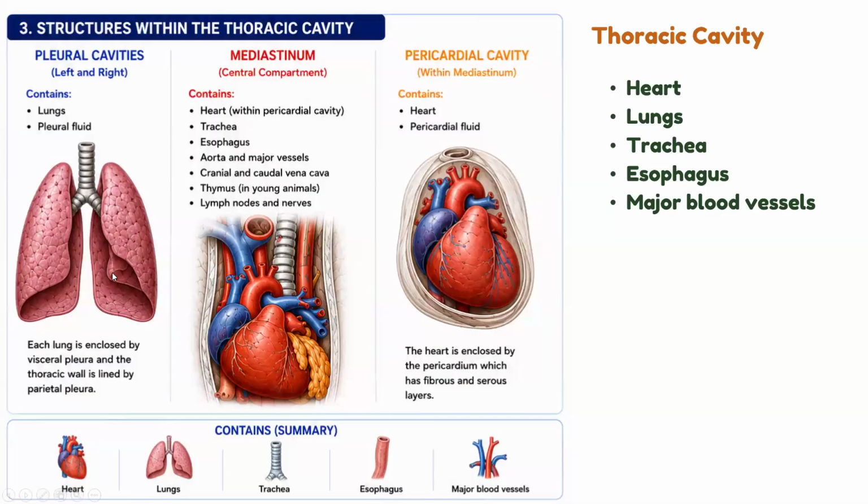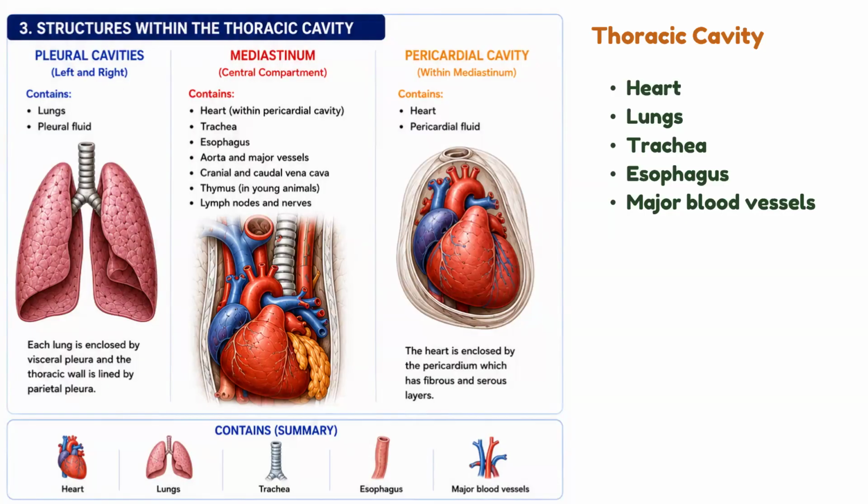Each is enclosed by a visceral pleura. The visceral pleura is a thin sheet, but we'll get there. And the thoracic wall is lined by the parietal pleura, which is also just a thin sheet. The fascia that is resting on the lungs itself is the visceral pleura, while the fascia that is having contact with the thoracic wall is called the parietal pleura.